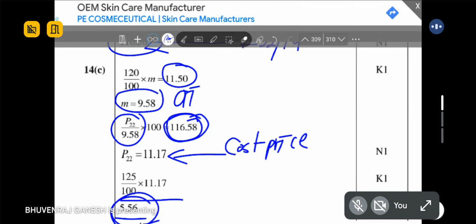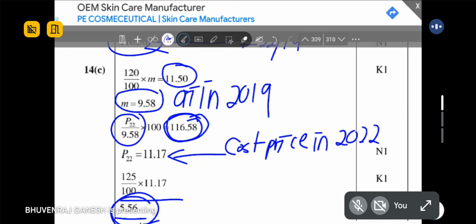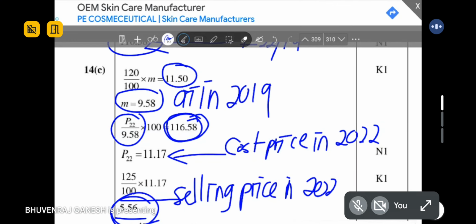You must know the flow. So first you must get the price original in 2019. Then you get the cost price in 2022. Then you get the selling price, harga jualan, in 2022. Are you clear, guys? Can have some response, please? Jelas or not? Understand?